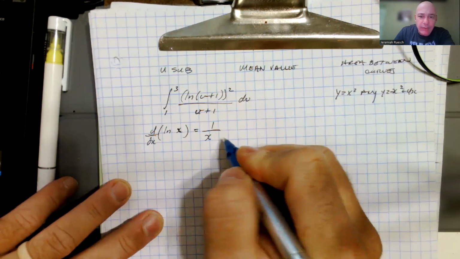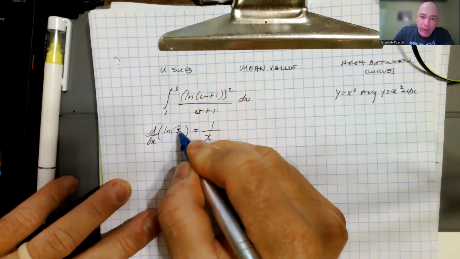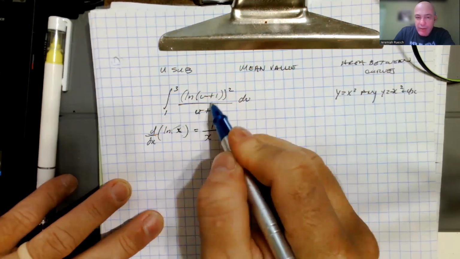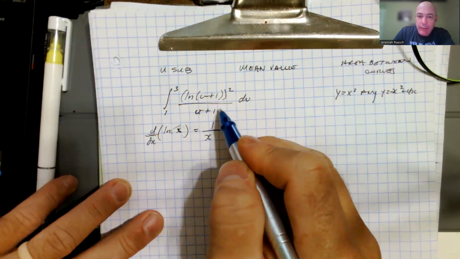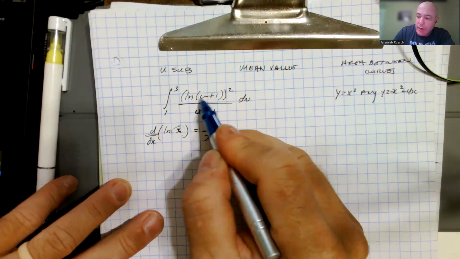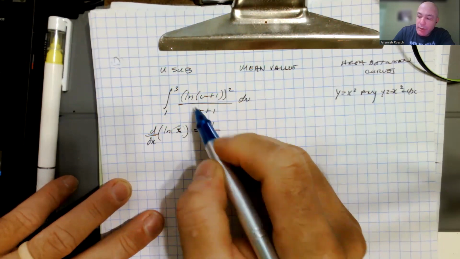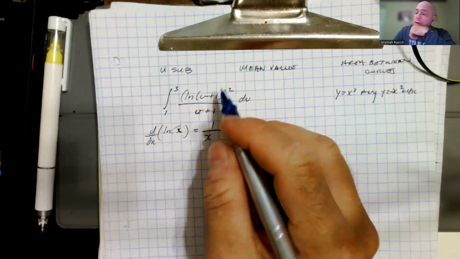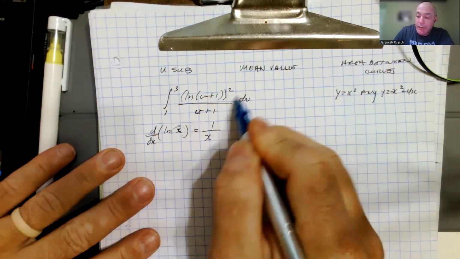Whatever the argument of the log is, the derivative is 1 over that. So I'm starting to see that maybe the right move for this substitution is to let the log of v plus 1 equal u. And then the derivative of that will actually help cancel out.